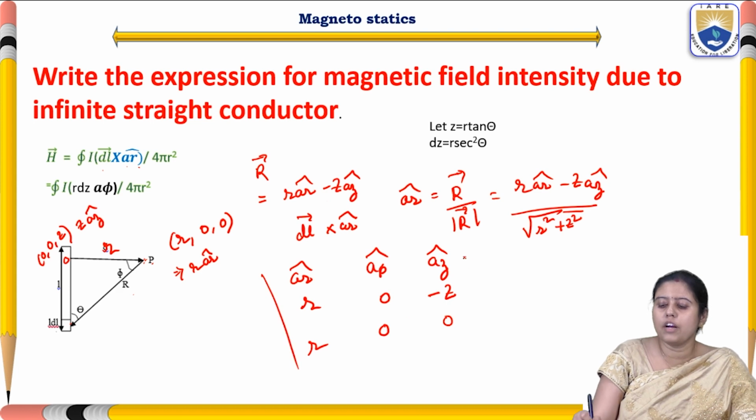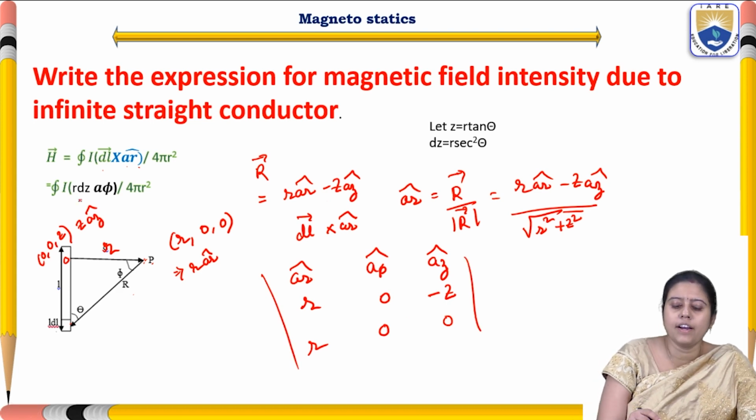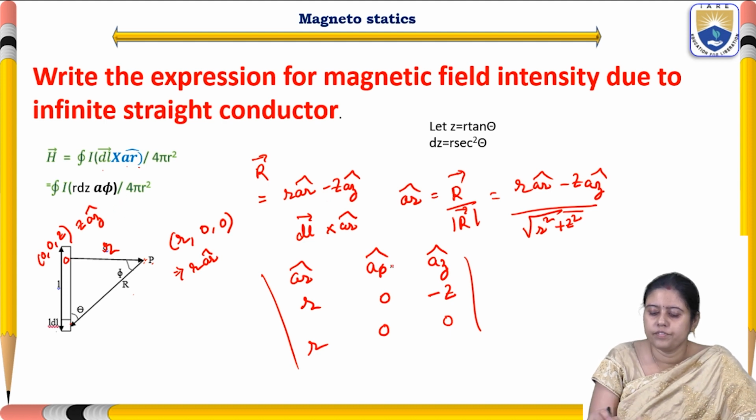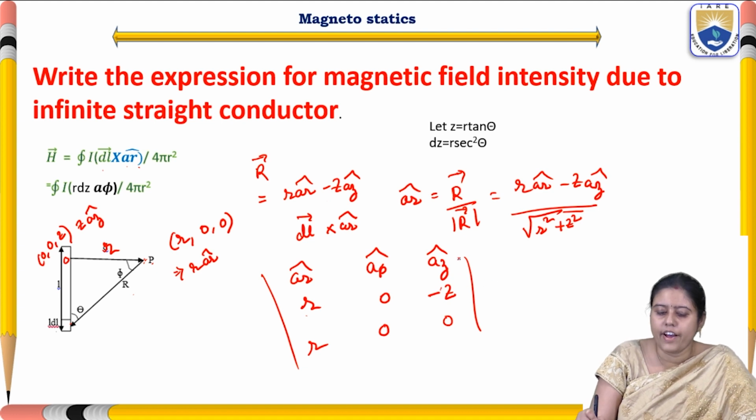So if we do the cross multiplication, we will get the integration of I r dz a phi over the cube of root of r square plus z square, with a minus sign.